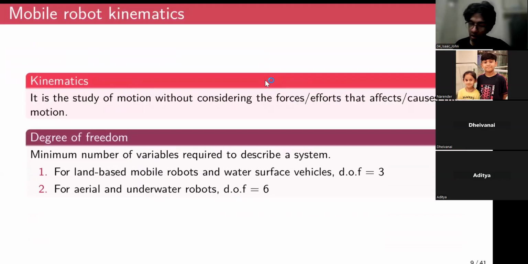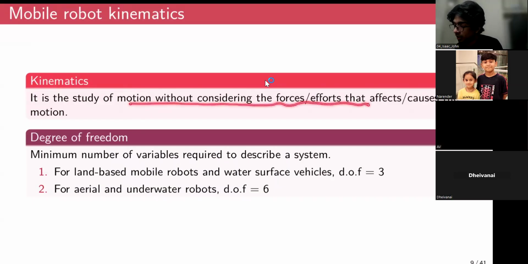Now we will move on to mechanics, and under mechanics we'll start with kinematics. So basically, kinematics is the study of motion without considering the forces that cause the motion, right?